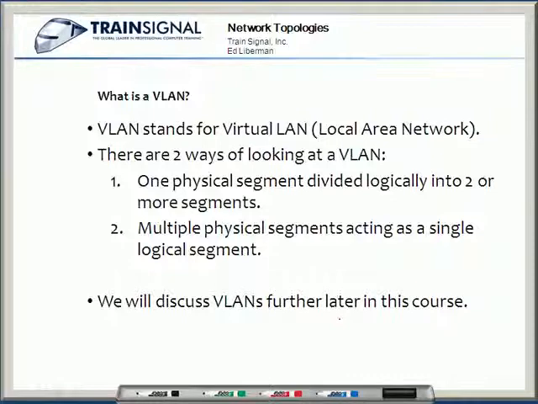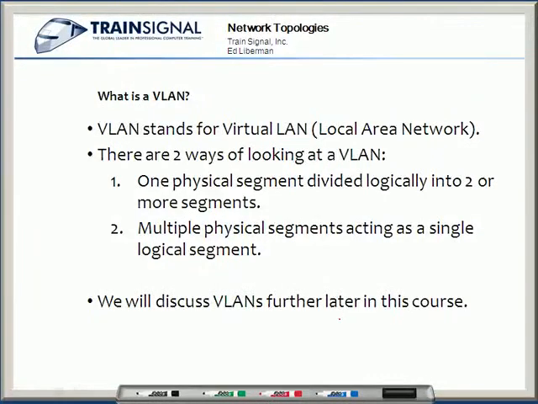And by the way, that device, in the case of a VLAN, instead of being a hub, would more typically be called a switch. A switch, again, is something we will talk about in more detail later on. But you have the one physical segment divided logically into two or more logical segments. So even though they're all connected together physically, the cable makes them all so they could talk to each other, logically you can divide them into separate segments so they don't really know about each other.